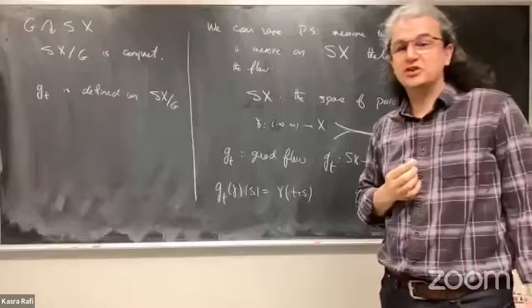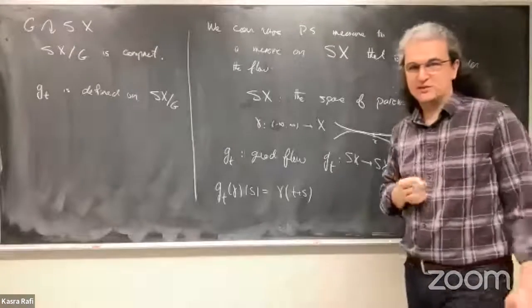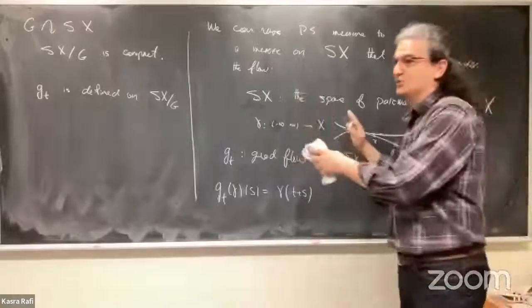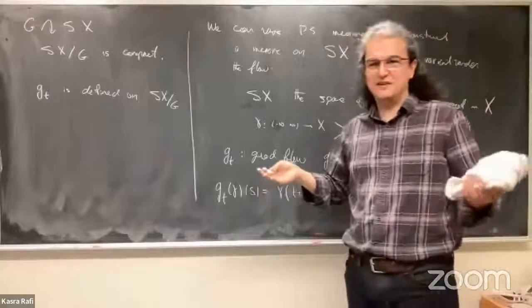Just to check. SX contains every parameterization. So for each geodesic, there are uncountably many elements of SX. Parameterization by arc length, yes. So for each geodesic, I see infinitely many copies, one for each base point. Exactly. No crazy parameterization, just move the base point. It's kind of like the usual manifold situation, right?